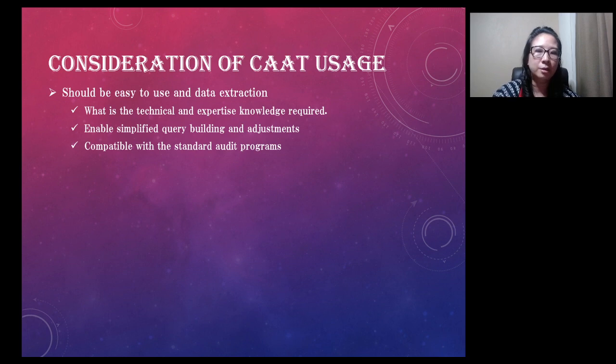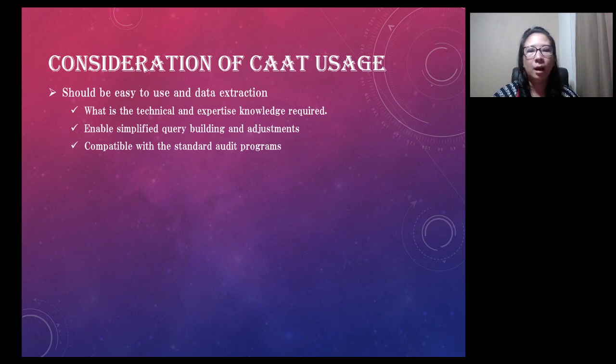In terms of easy to use, it means we need to know our technical and expertise knowledge, whether we need to do coding. As an auditor, if I cannot do the coding, who can help me? What are the technical skills and expertise needed in order for us to implement some CAAT tools?